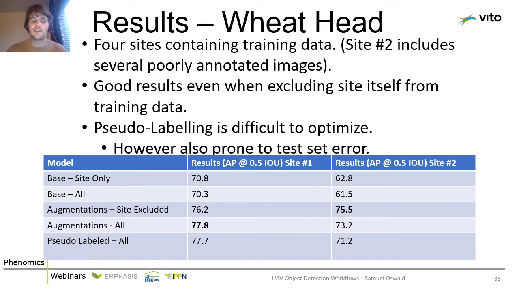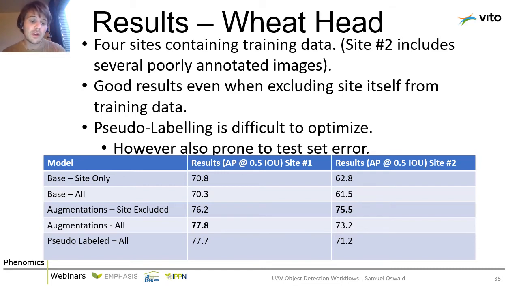So you can see below for augmentations with the site excluded, at site number 2 this actually produced the best results of all. And this is probably related to the annotation at site number 2, which included missed examples, and so highlights the importance of having a strongly trained data set.